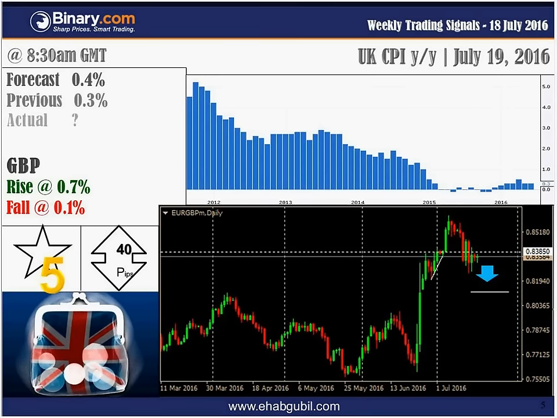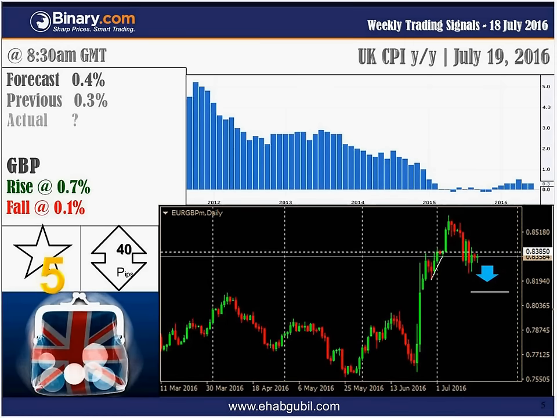How to trade this news? We are looking for a tradable deviation of 0.3%. If the inflation number, CPI, actual release is above 0.7%, we should make a rise option on the pound.